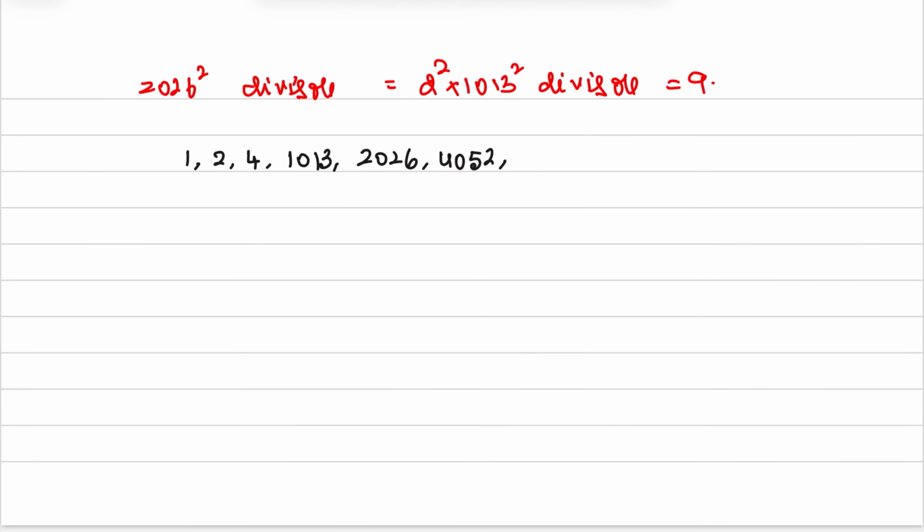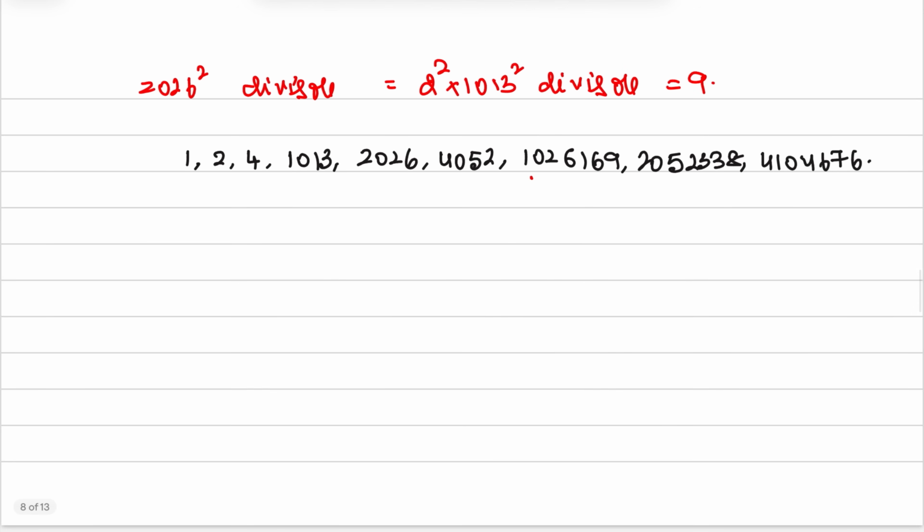Next divisors will be very huge. 1026, 6169. Please check them. 2052, 2338, 4104, 4676.